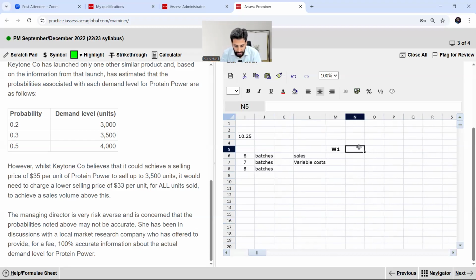This is working 1, working 2 and working 3. So what is the variable cost? I will be producing 3000 units. So what is the production cost? It is equal to 3000 multiplied by the production cost of 10.25.